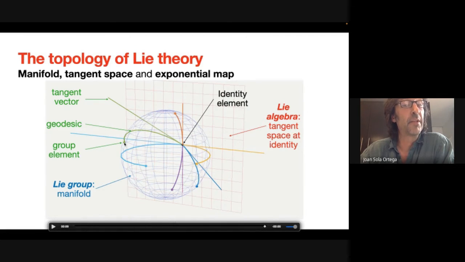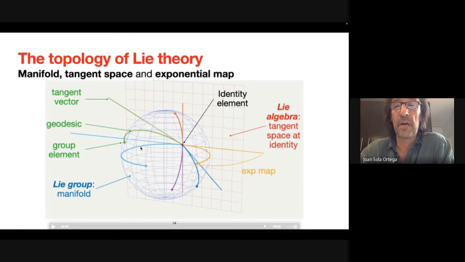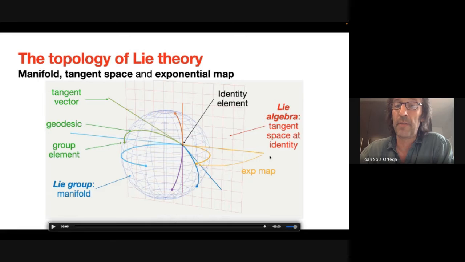That's very nice because groups are non-linear things, weird, and the tangent space is a vector space, very easy to work with. So it's nice to have an exact equivalence between these two. And this equivalence is called the exponential map. We will talk about the exponential map later, but this operation of rolling a tangent vector onto the surface until we reach a point in the group, this is the exponential map.